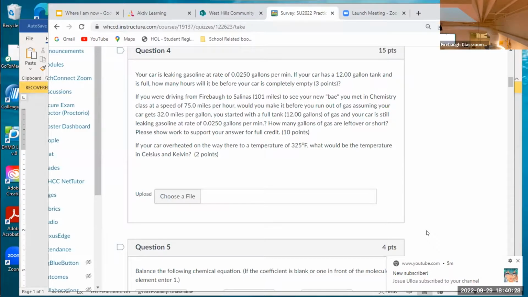That's per month, right? No, this is 3.16 gallons. Period. That's how much you're using to get to Salinas. Salinas is 101 miles. This is how good your efficiency is, right? Your car is a gas guzzler, right?